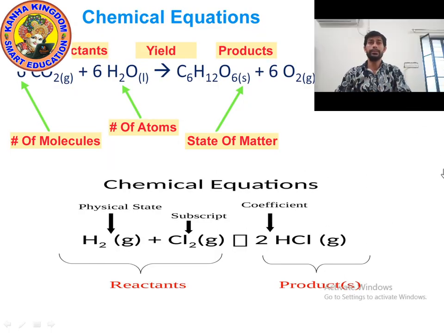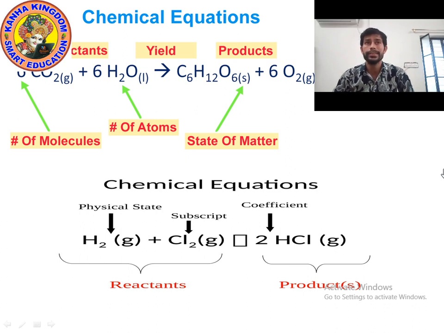You can see two chemical equations written according to the rules. Equation number 1: CO2, carbon dioxide, reacts with H2O to give C6H12O6, glucose, and O2, oxygen.